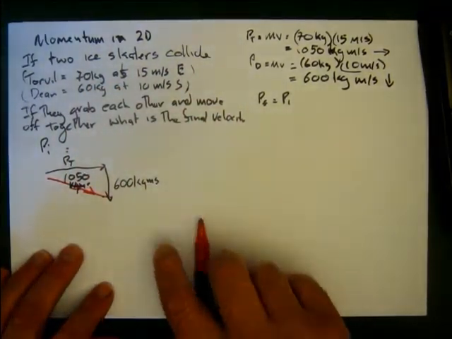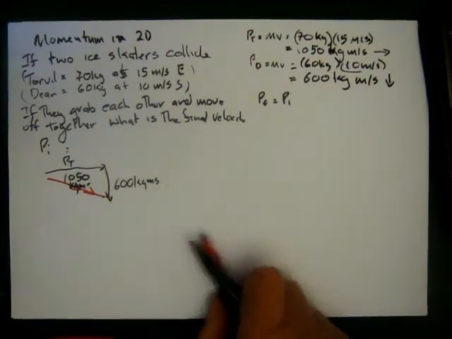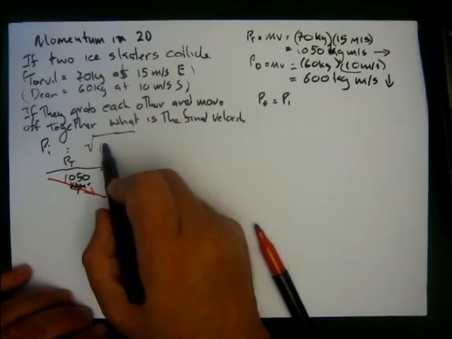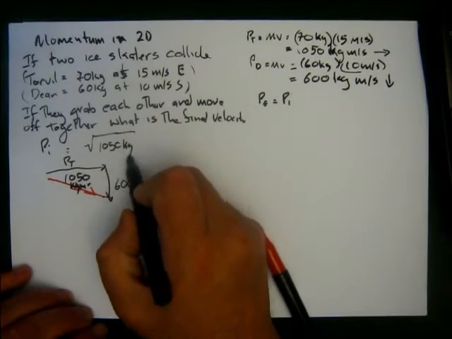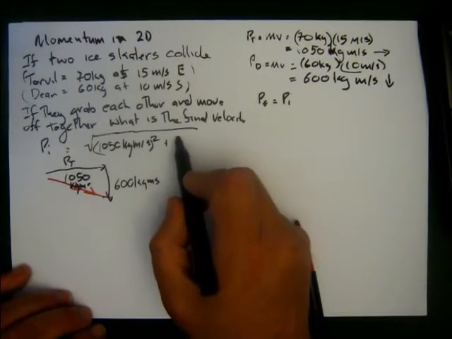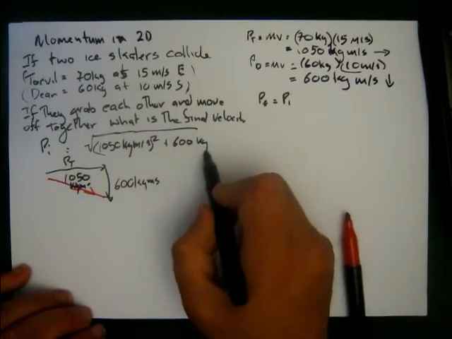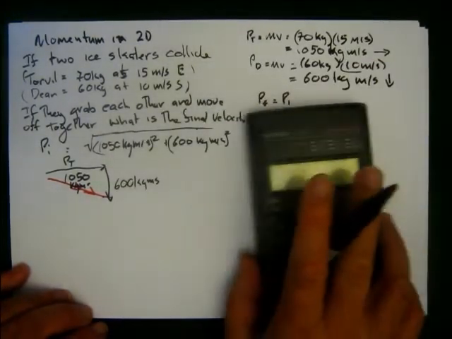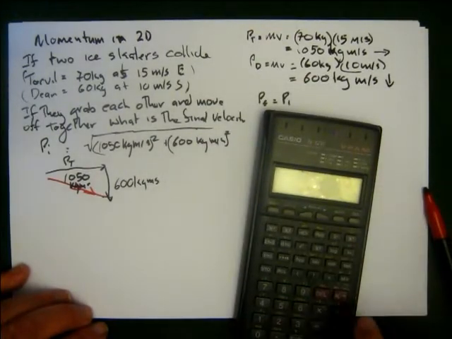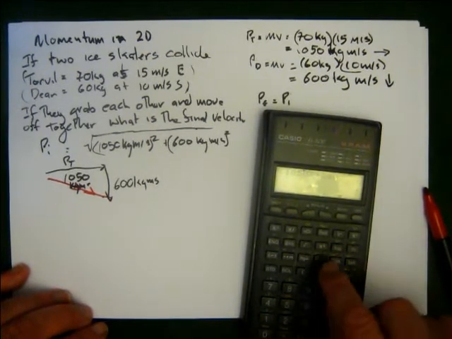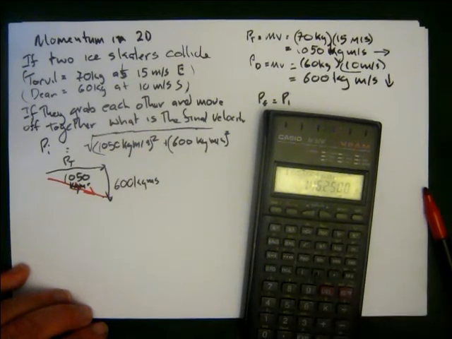How big's the resultant? Well, the size of P initial is going to equal the root of 1050 squared plus 600 squared.